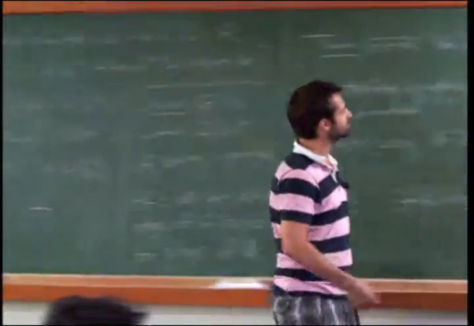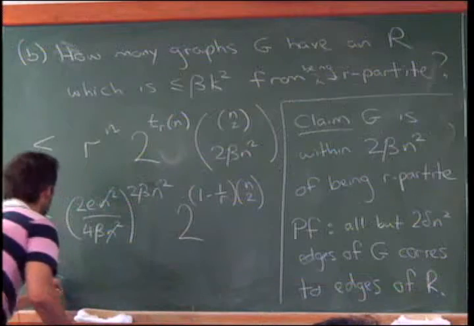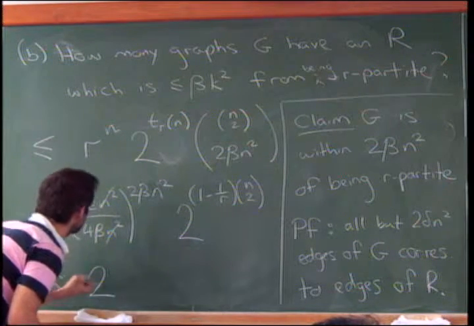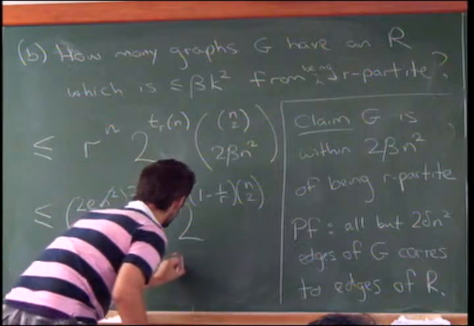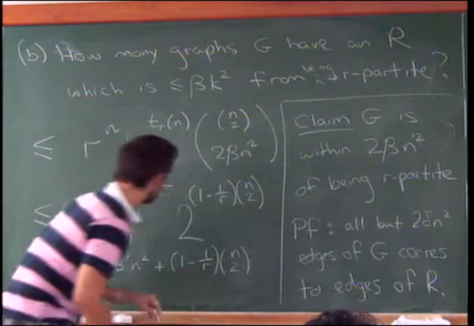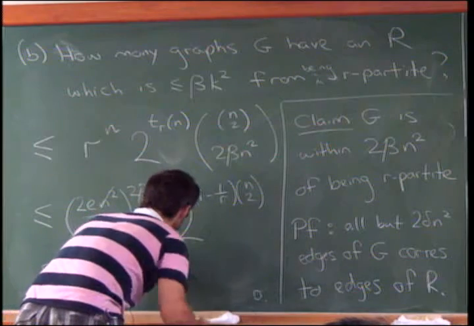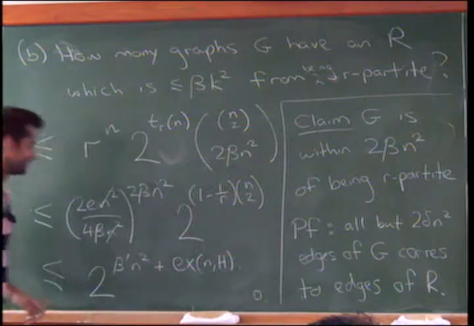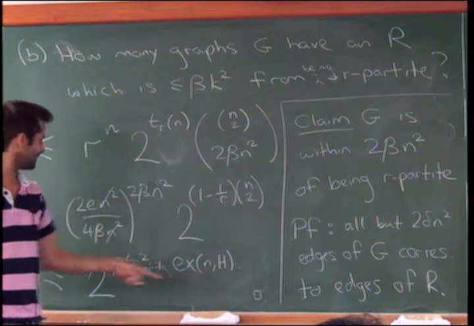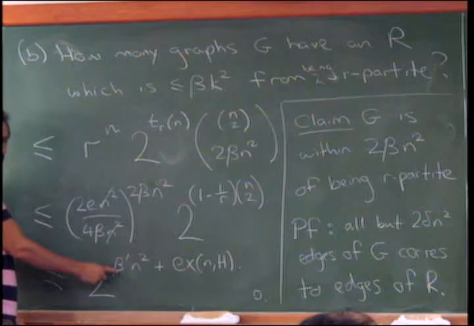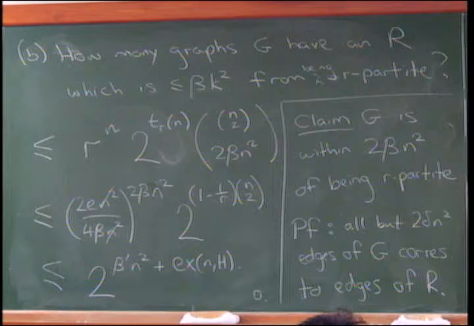So if we chose beta sufficiently small in the first place, this makes this term as small as we like. 2 to the, I've run out of letters, so beta prime n squared plus 1 minus 1 over r n choose 2, which I guess you can rewrite as 2 to the extremal number of n, H. So this part contributes the extremal number of H, and this part is just error, where this beta prime we can make as small as we like by taking beta small. Okay. Done.